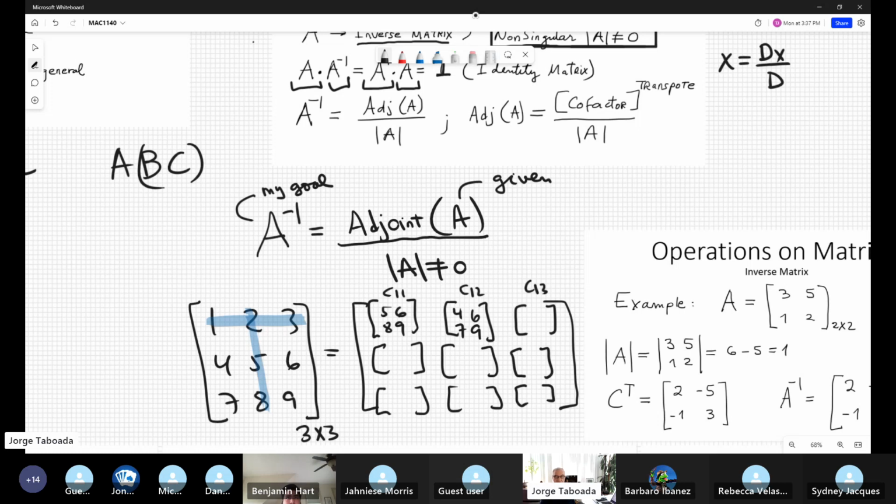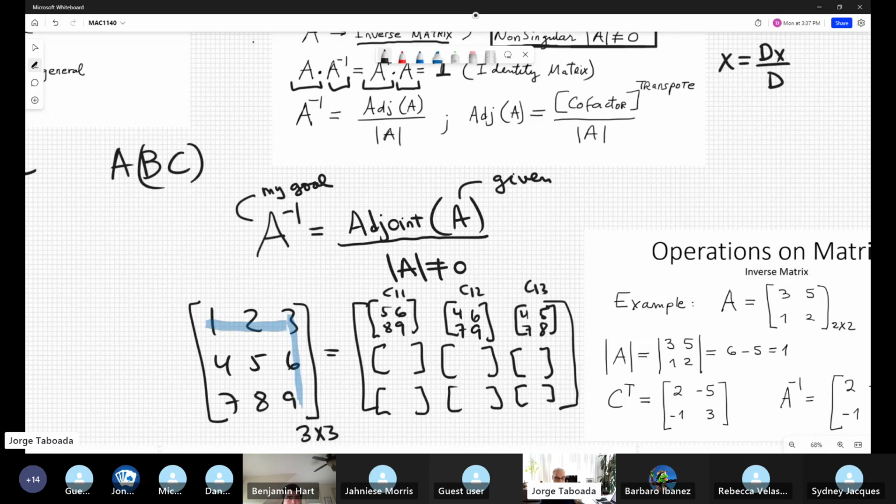Now 1, 3. You delete mentally row 1 and column 3. So we have 4, 5, 7, 8, and so on. Do you understand this idea, right?